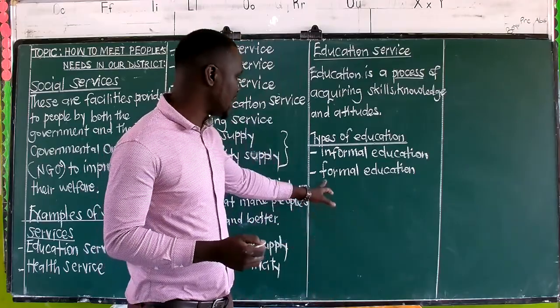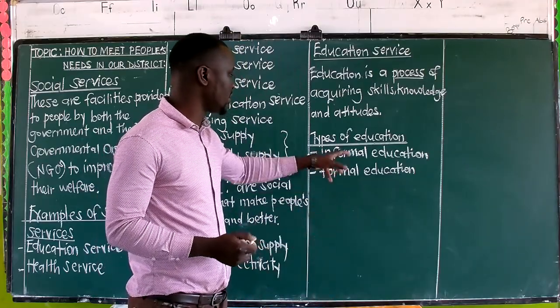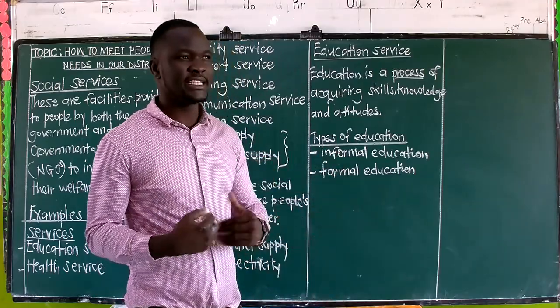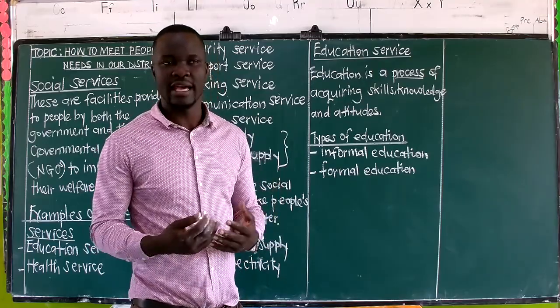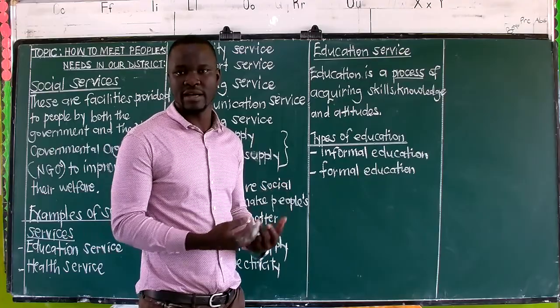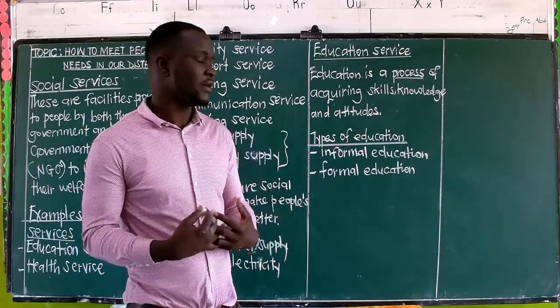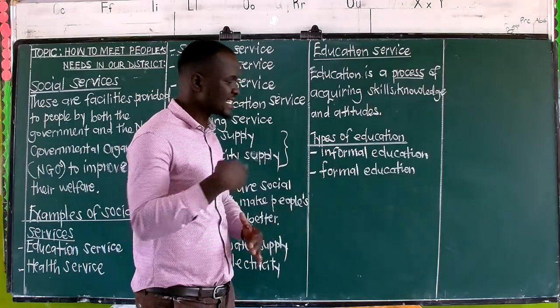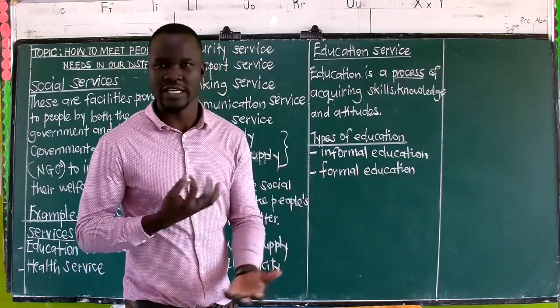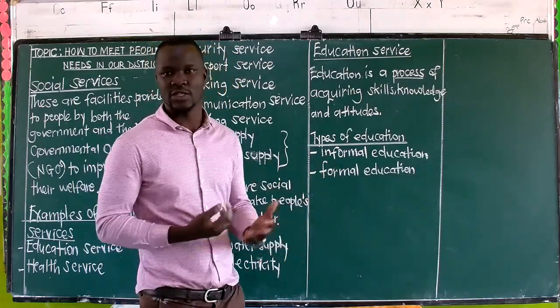That is now under what you call formal. But under informal, the children were taught by their relatives, by their elders, the grandparents, the parents. They are the ones that could give these children that education, that knowledge, those skills, those attitudes.